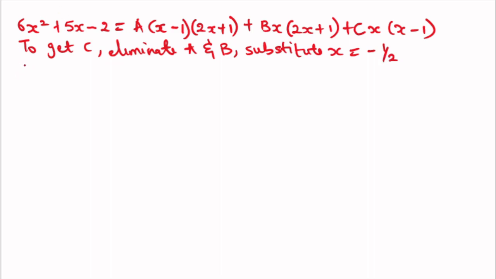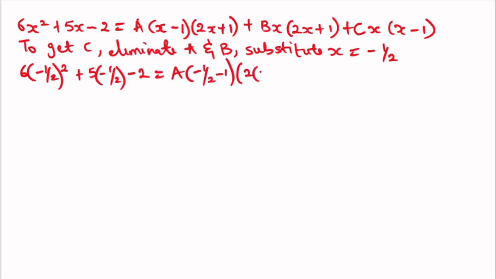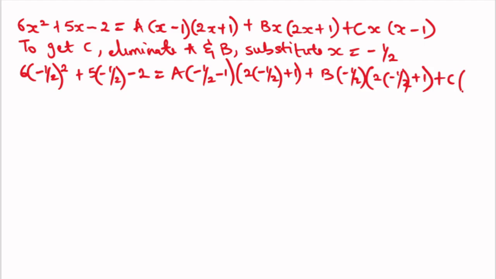So we'll have 6 into bracket minus half squared plus 5 into bracket minus half minus 2 equal to a into bracket minus half minus 1, bracket 2 into minus half plus 1, plus b into bracket minus half, bracket 2 into bracket minus half plus 1, plus c into bracket minus half, then minus half minus 1.